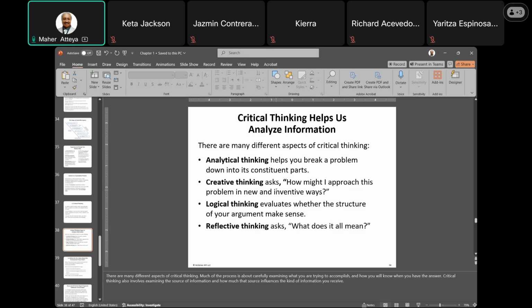There are 4 types of critical thinking in the slides: analytical thinking, creative thinking, logical thinking, and reflective thinking, with examples. Those are all part of critical thinking.